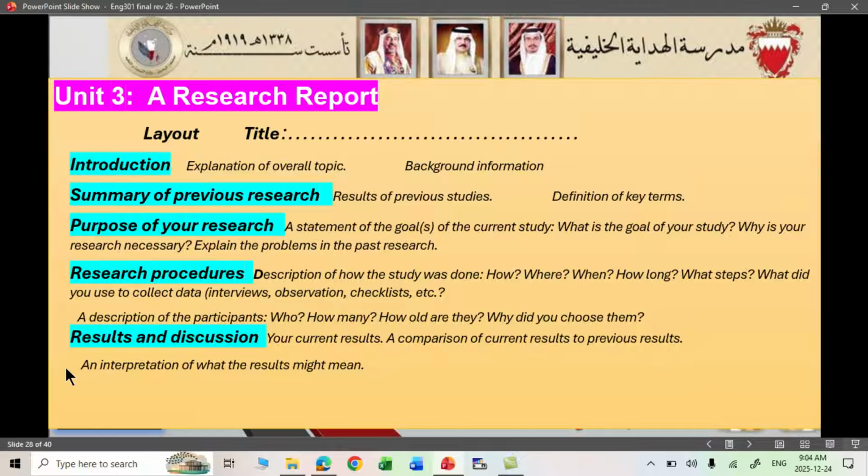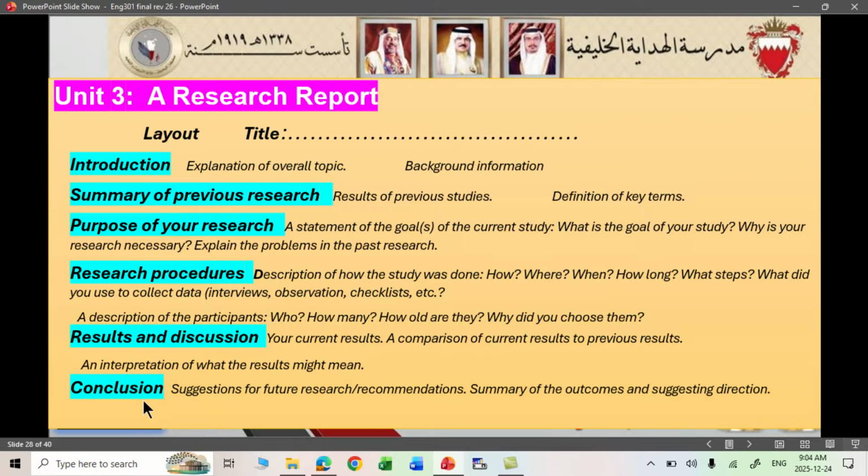Okay, things like an interpretation of what the results might mean. Finally, you come to the conclusion, and here you can make some suggestions for future research or recommendations. You can give a summary of the outcomes, the results, and suggesting direction.